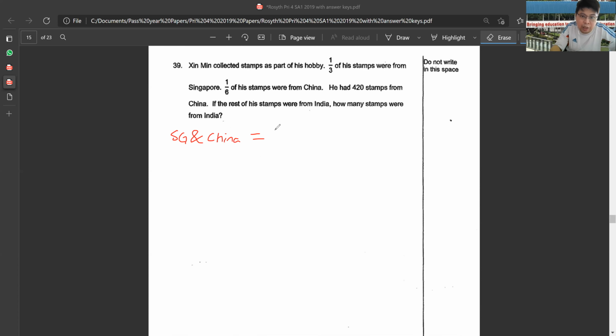Singapore and China is 1/6 plus 1/3. That's equal to how many? Don't change the denominator to 18, you get very complex.